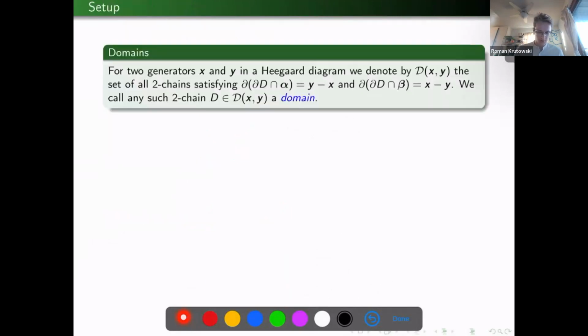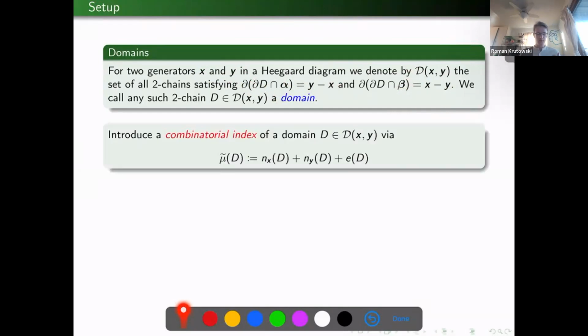And in the remaining time, I'll try to sketch the proof. Given two generators x and y in some Heegaard diagram, we denote by D of xy the set of all possible shadows of those homology classes phi. Namely, these are the two-chains which can be given as a sum of regions, and along alpha curves they connect x to y, and along beta curves they connect y to x.